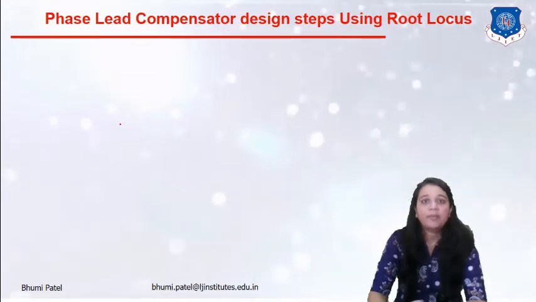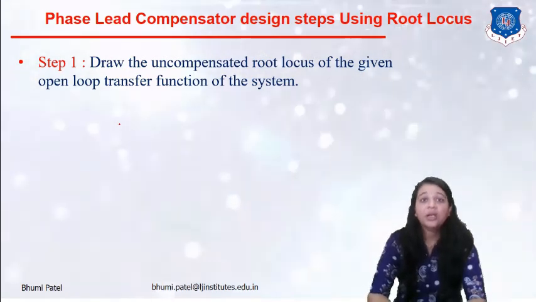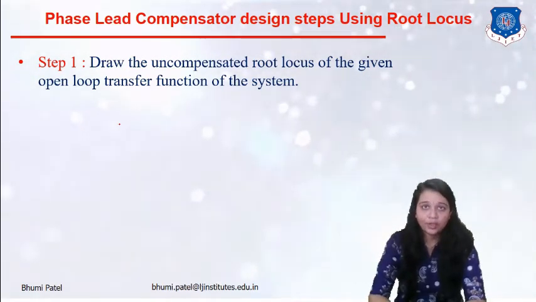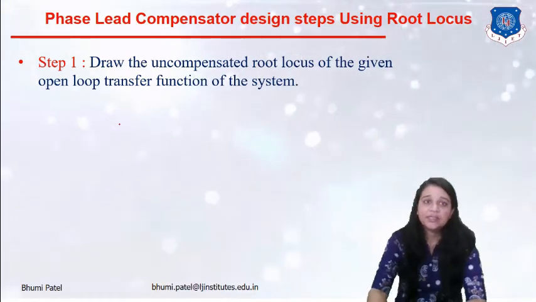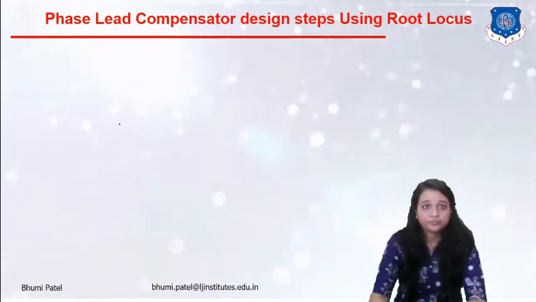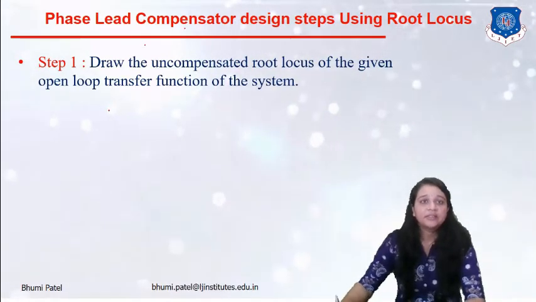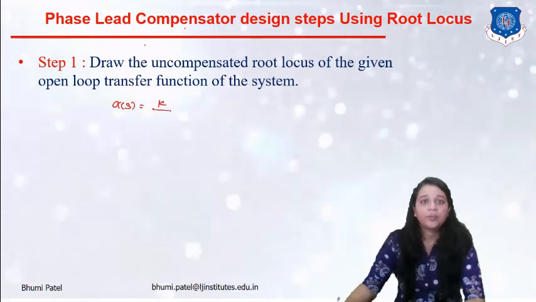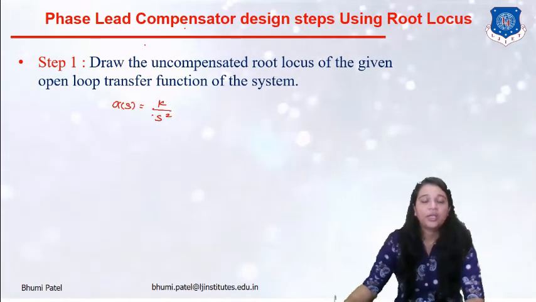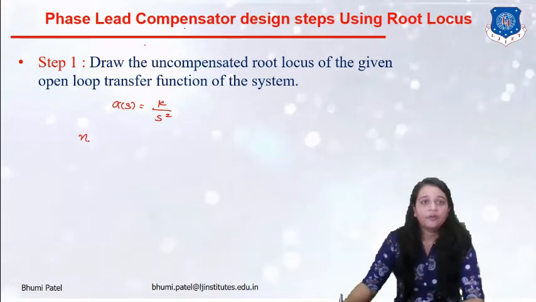Step number 1: using the root locus method, we have to draw the uncompensated root locus of the given open loop transfer function of this system. Our transfer function is G(s) = K / s². First, we find the number of poles.